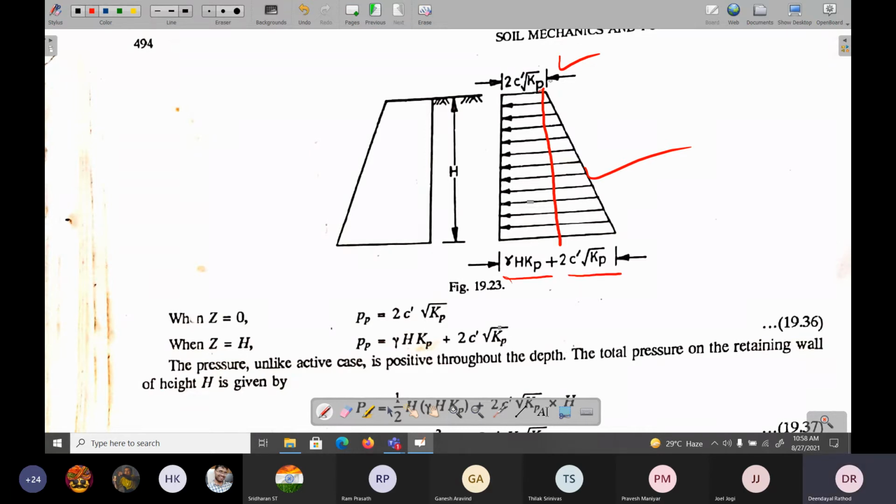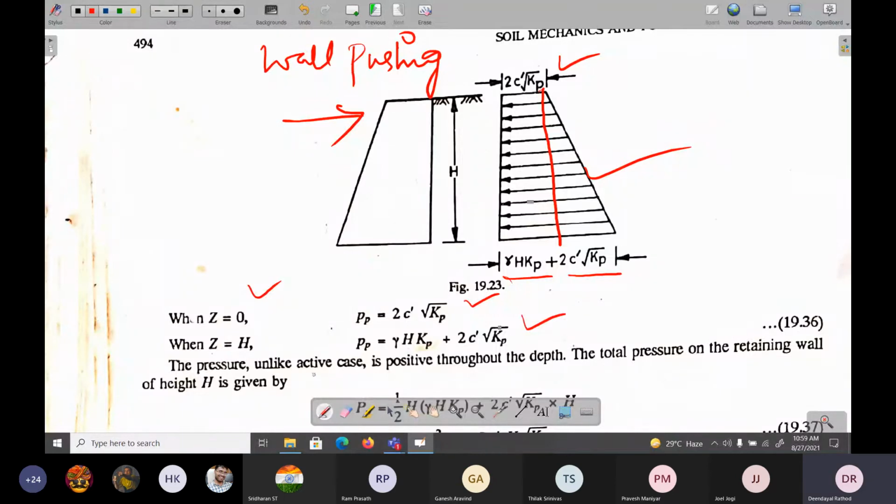It means when the wall is pushing, in the passive case, there's no tension crack formation, okay. That is obvious. When the wall is moving away, then only there may be cracks, and the unsupported height and everything will come into the picture. When the wall is trying to push it, then in a passive case, this term would be positive when Z equals 0.